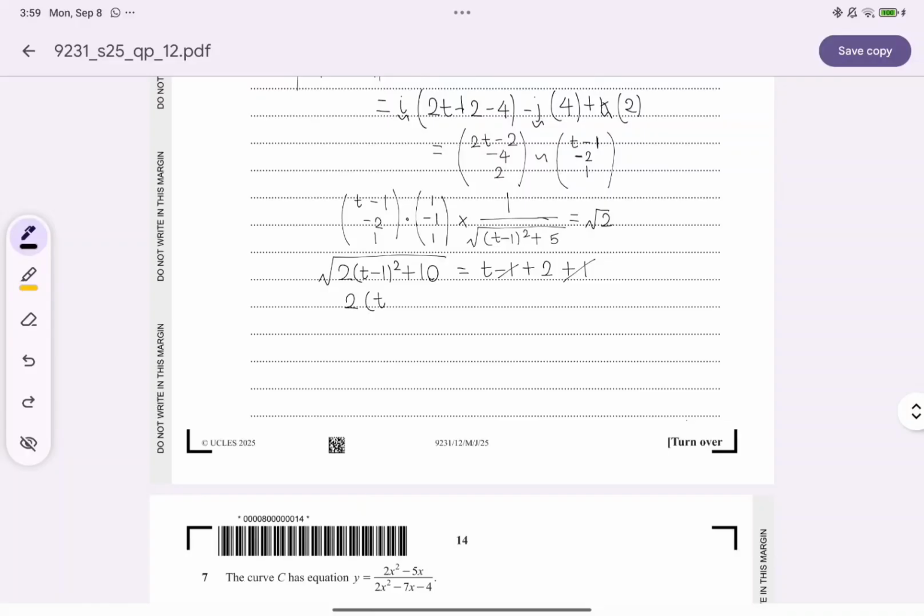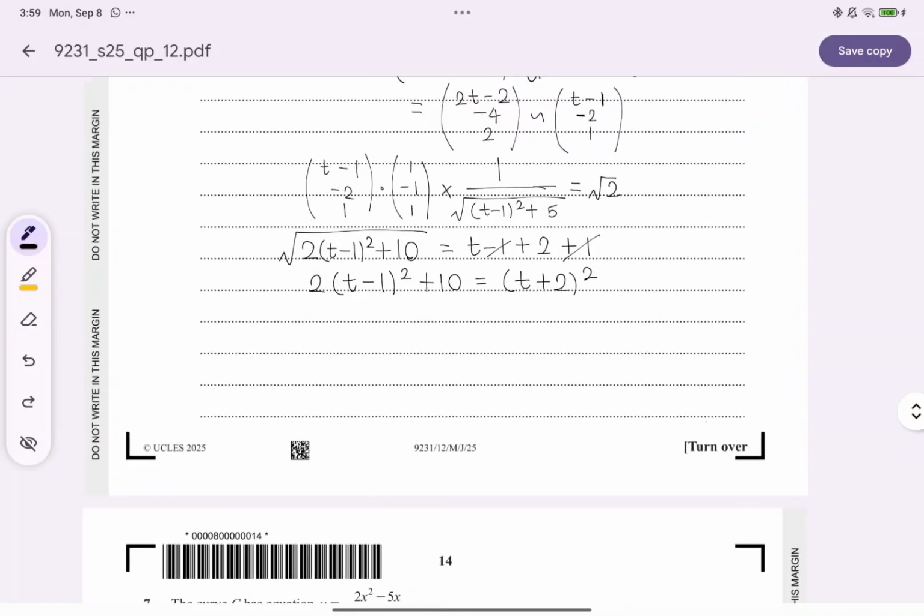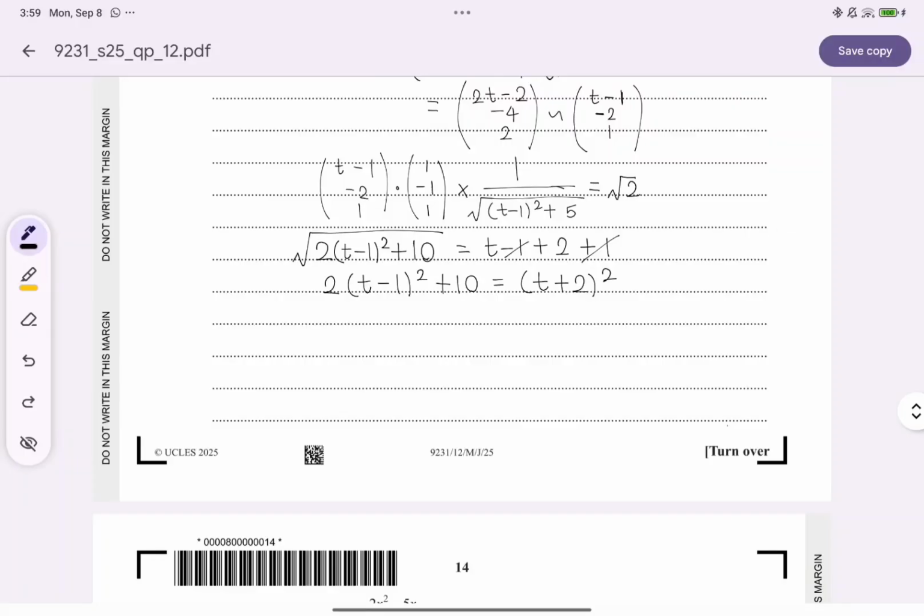And to get rid of the square root, just square both sides. We'll have 2 times T minus 1 squared plus 10 equals T plus 2 squared. Okay, now let's simplify everything. So 2 times T squared minus 2T plus 1 plus 10 equals T squared plus 4T plus 4.